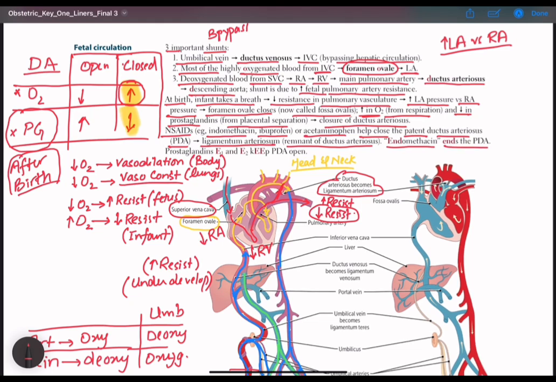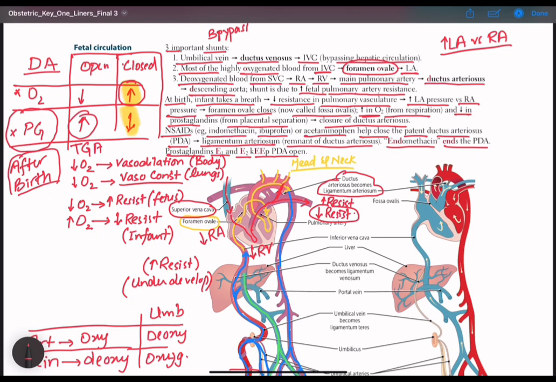While if we want to keep the ductus arteriosus open, we have to keep the prostaglandins high. Prostaglandins E1 and E2 keep PDA open. It is its mnemonic. There are certain states, for instance, like transposition of great arteries. In this condition, we have two separate circulatory systems completely disconnected from each other.